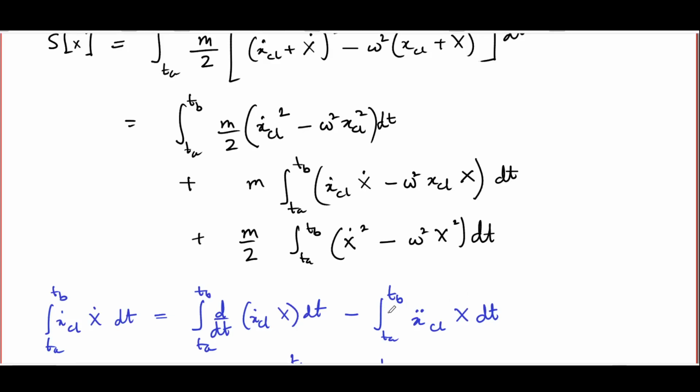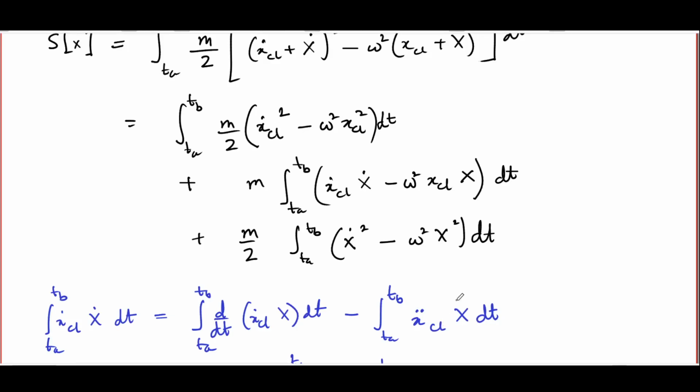Of course, in addition to this, you have to correct for the product formula by putting in this term: minus x double dot classical capital X, integral from TA to TB with respect to t.